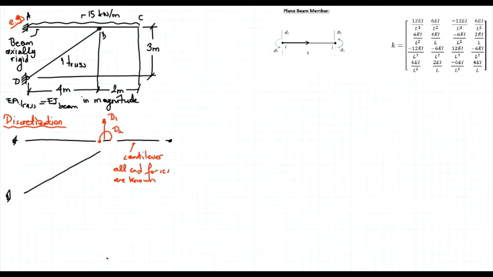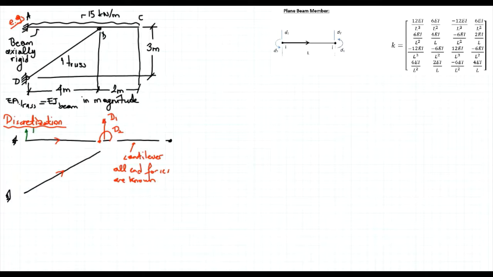In that solution, I will consider only these two members. That's my first member. That's my second member, which is a truss member. Let's show their local degrees of freedom. I'll use a different color for that.